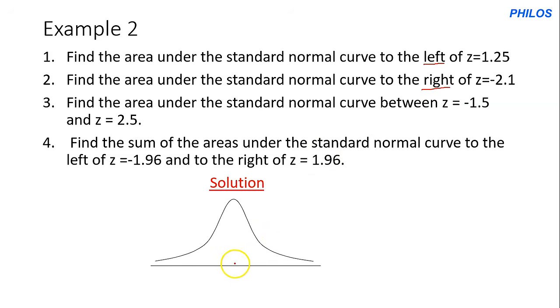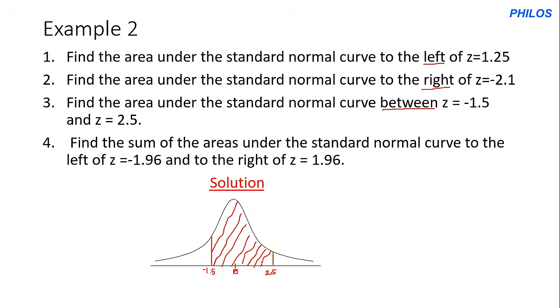Then remember, the middle is always 0. Now let's say negative 1.5 is here, and 2.5 is somewhere here. Now we want to find the area between negative 1.5 and positive 2.5. So we need the area between this and this.